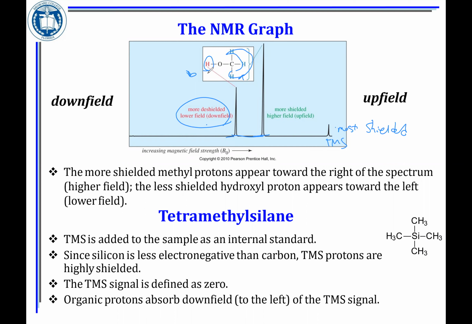There is a distance effect here, but which one is further away from what? You could use the blue color or red color. Blue hydrogen versus red hydrogen: why are the red hydrogens more de-shielded? The red hydrogen is closer to oxygen. Oxygen has higher electronegativity and is the one pulling electrons.